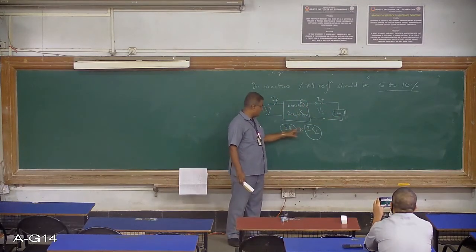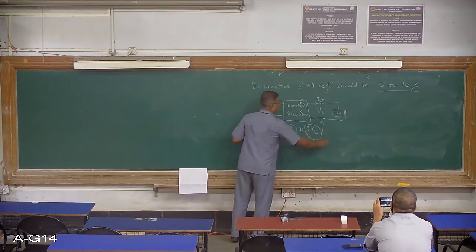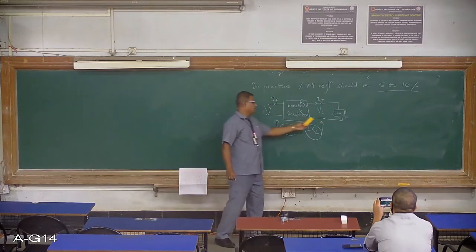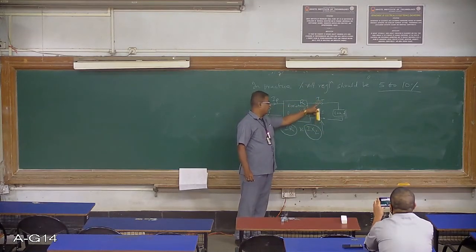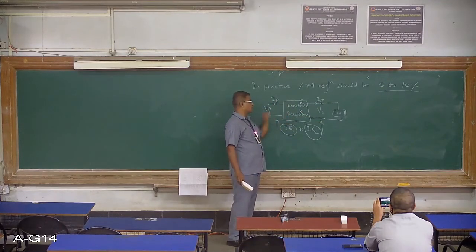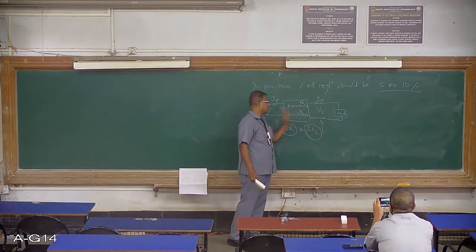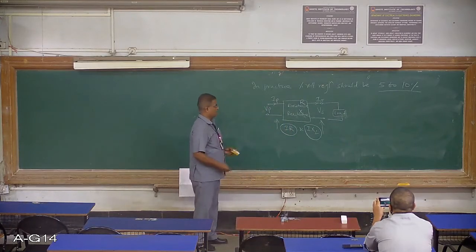With increase in current, the drops increase. And whenever the voltage drops increase, the terminal voltage definitely decreases. So therefore, the terminal voltage decreases due to the resistance of the transformer and leakage reactance of the transformer. Okay? So this fact you can easily understand.